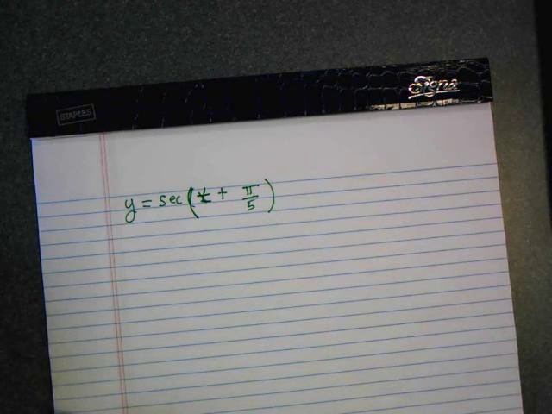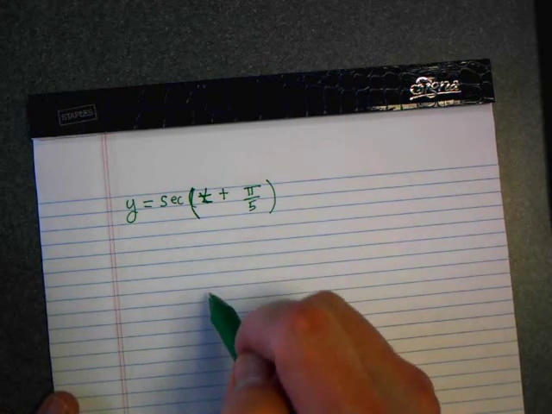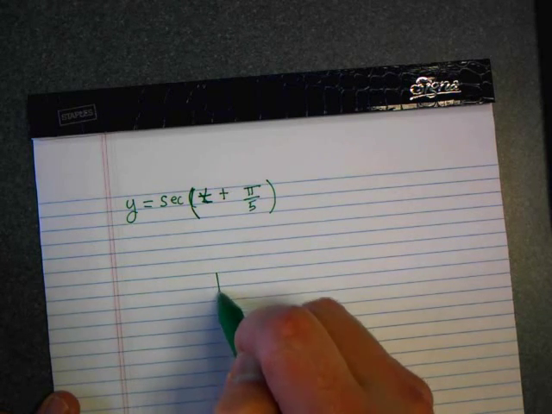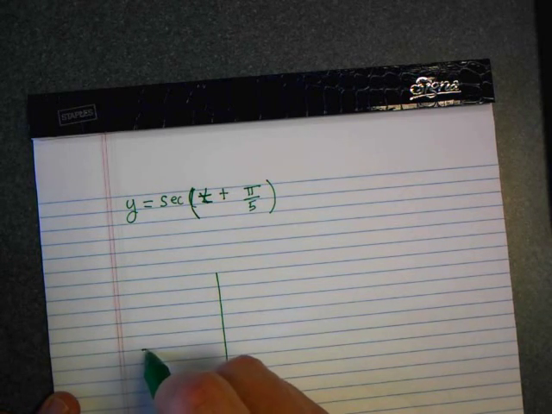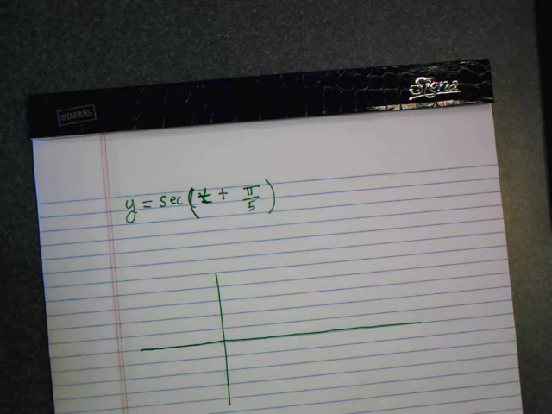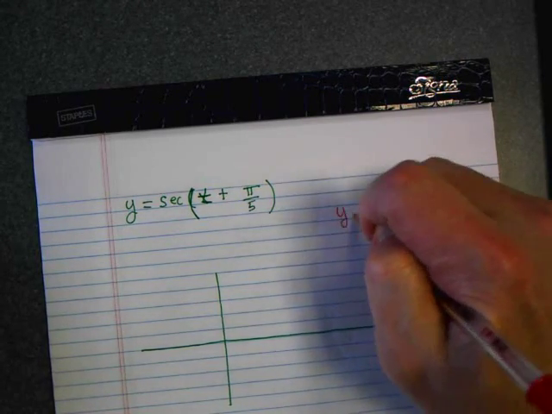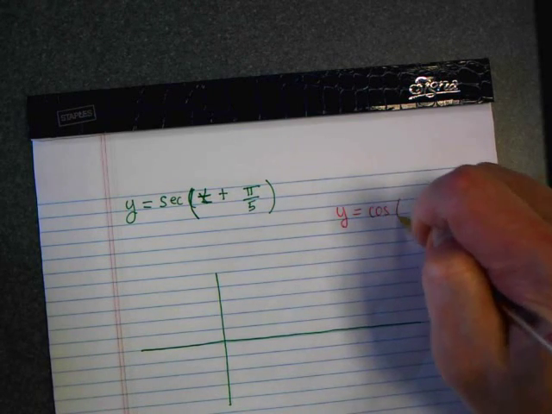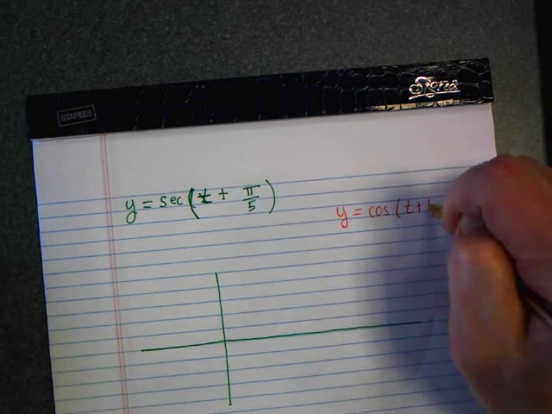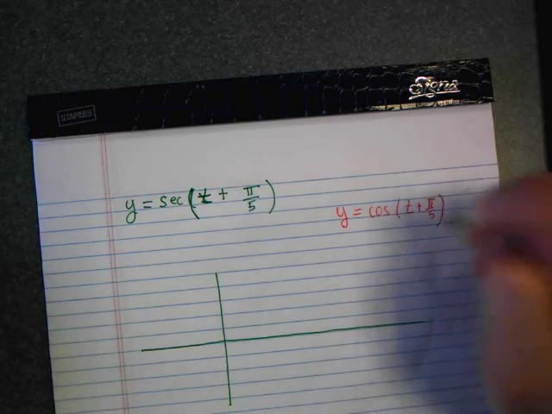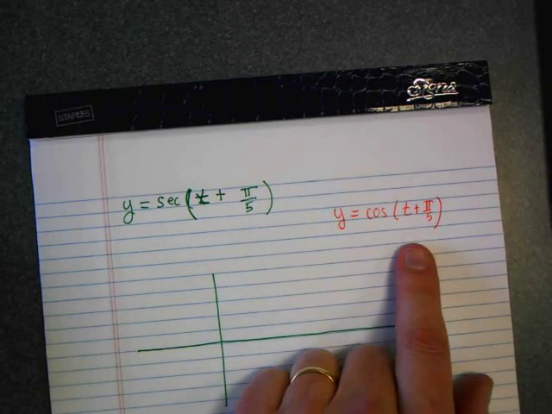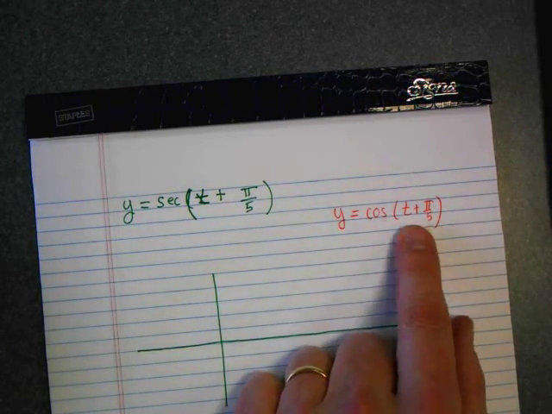So again, on your quiz, on your test, what I would expect you to do is first draw the cosine wave. So I would first draw y equals cosine of t plus pi over 5. So what does that t plus pi over 5 change?